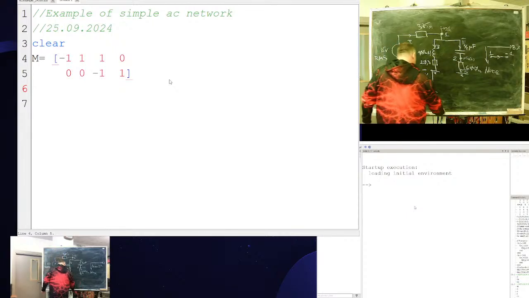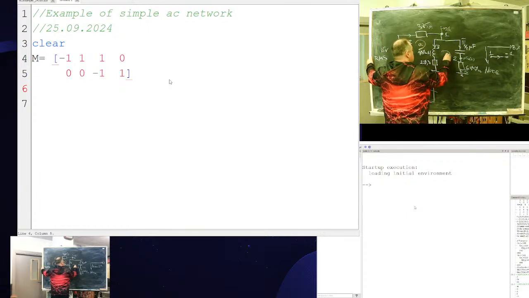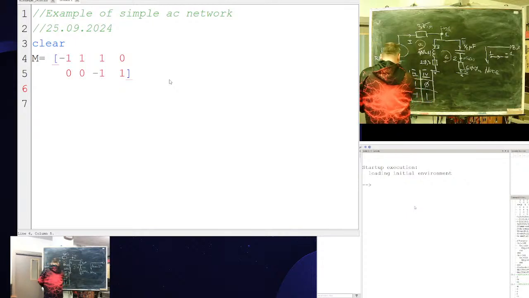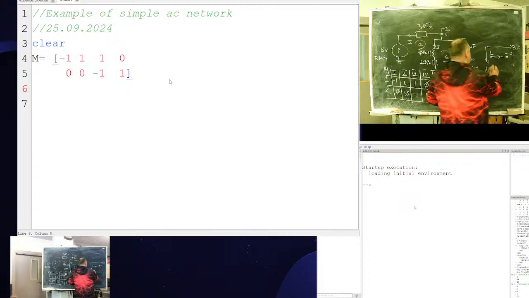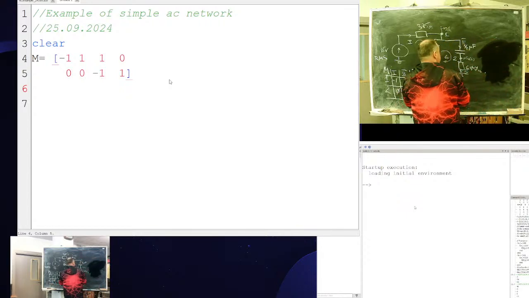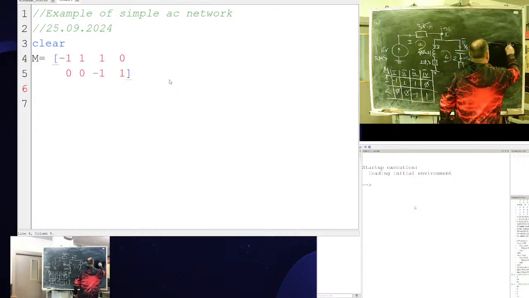Easy. This will be contour A and this will be B. It will be connected to the ground. Now I can build the contour matrix. Here will be contours, here will be branches.